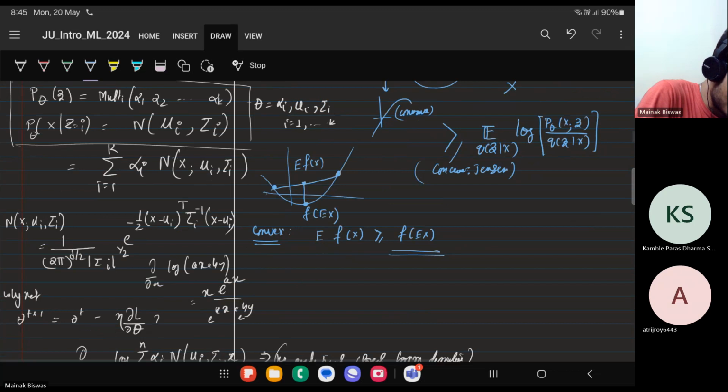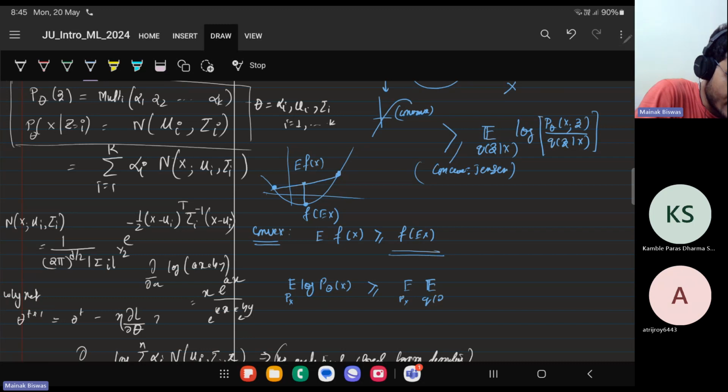Therefore, the log p theta of x is greater than or equal to the integral of q of z given x times log of p theta of x, z by q of z given x, right?